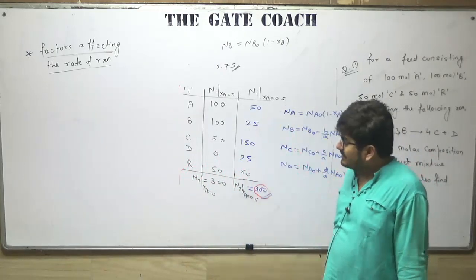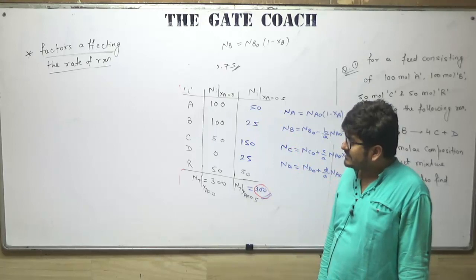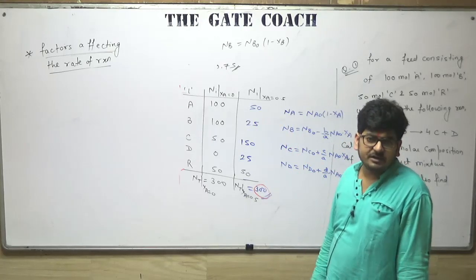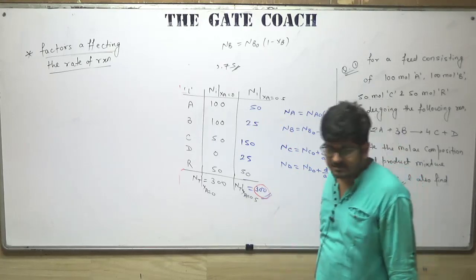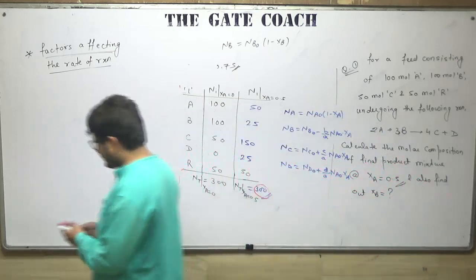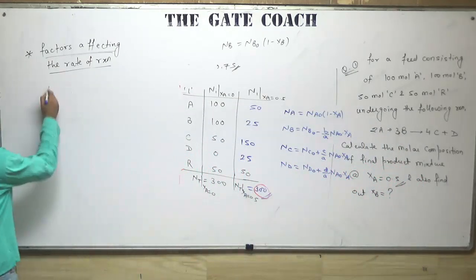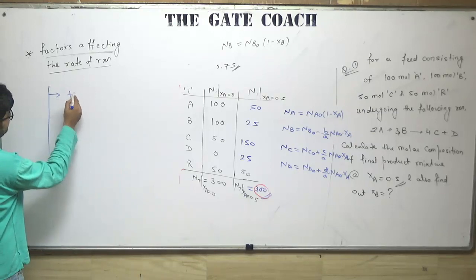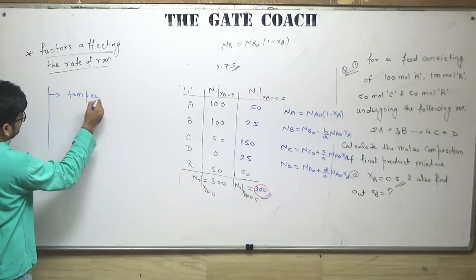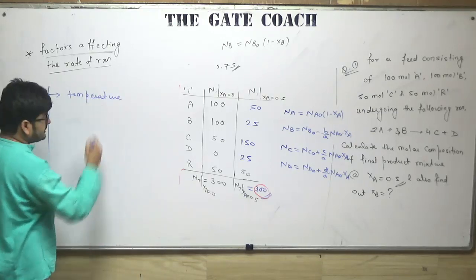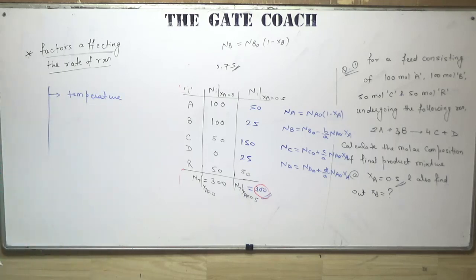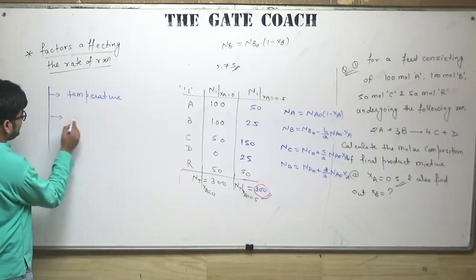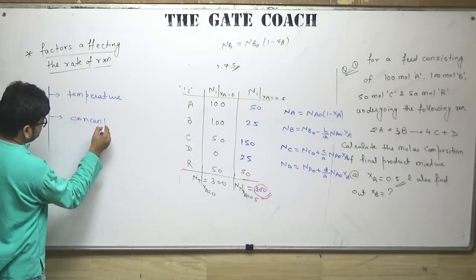So again here we will talk about the factors which are affecting the rate of reaction in homogeneous reaction system. So we have mainly two factors which affect the rate of reaction in homogeneous reaction system, that is temperature and concentration.